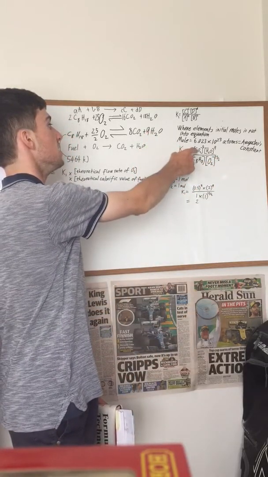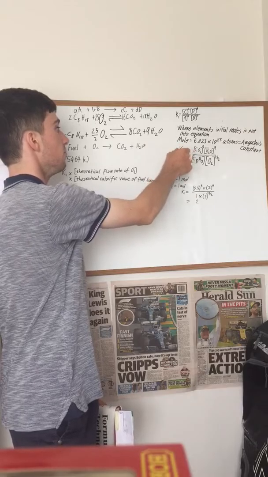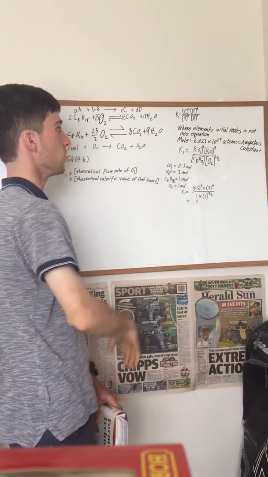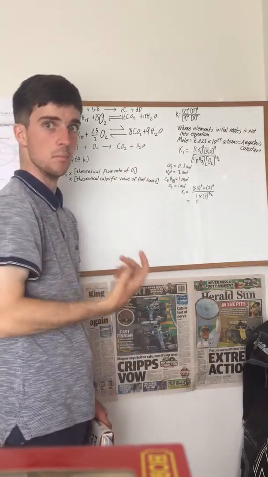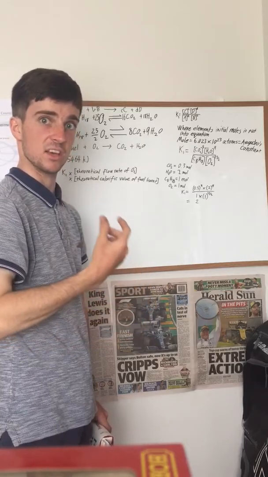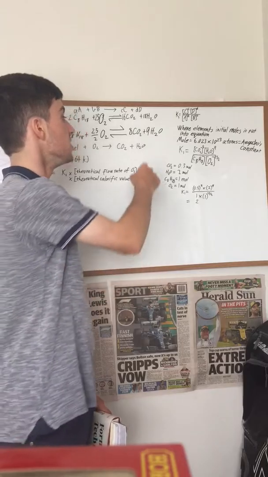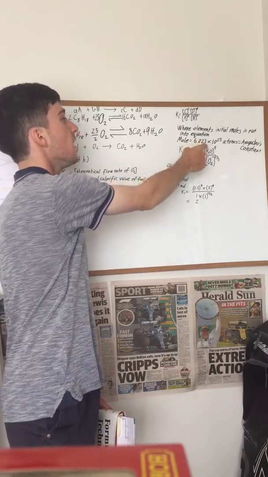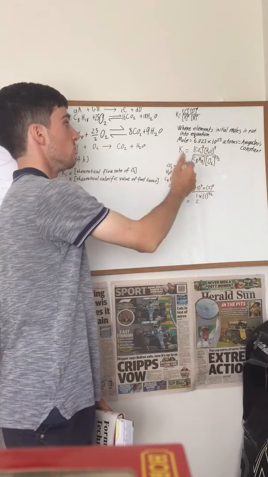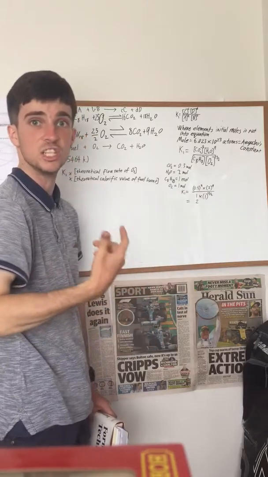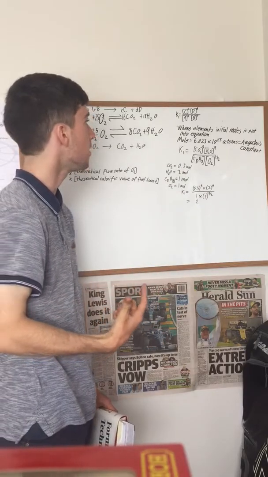Now we put these in their molecular level, so we put in however many moles are in the equation. So 1 mole is 6.023 times 10 to the power of 23 atoms, which is Avogadro's constant.